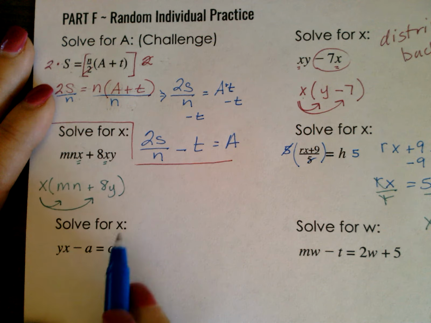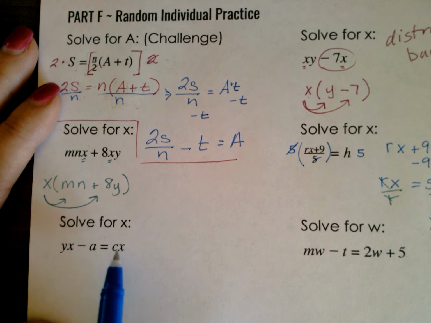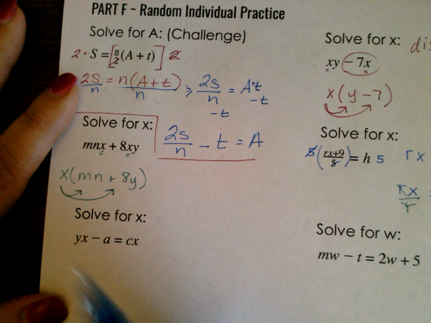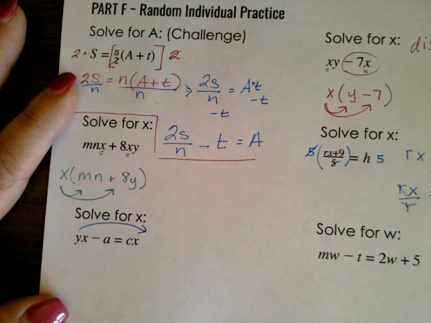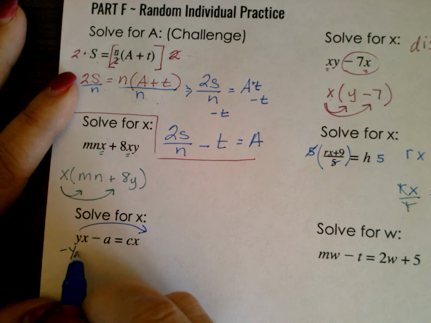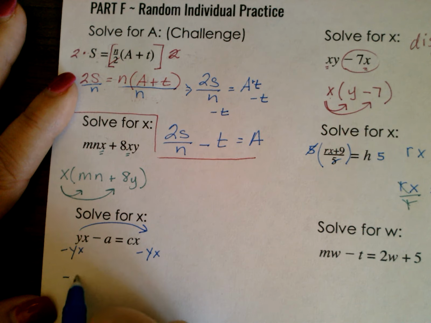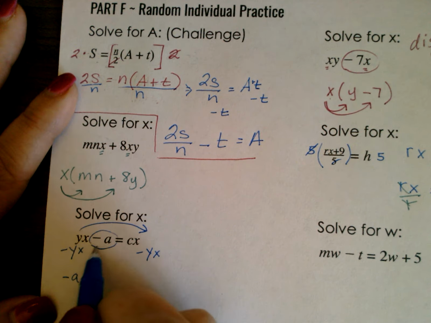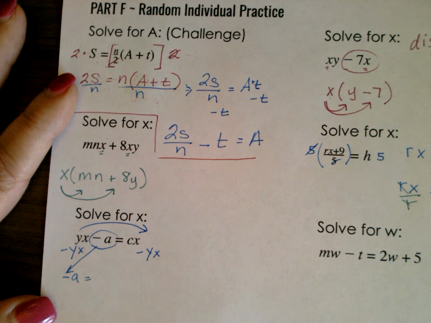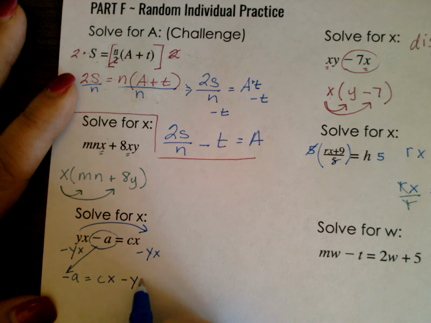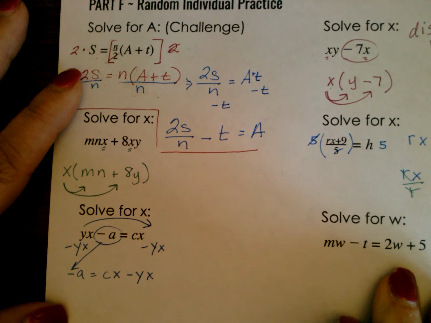Now we're going to solve for x. What I see is I have x on both sides of the equation. I'm going to bring those x's to the right-hand side, so I would do minus yx, negative a, don't forget about the negative sign, don't just lose that, equals cx minus yx.